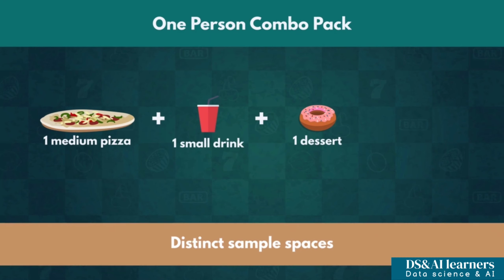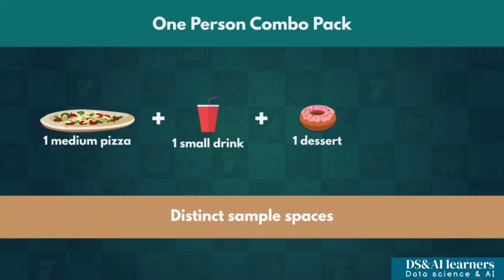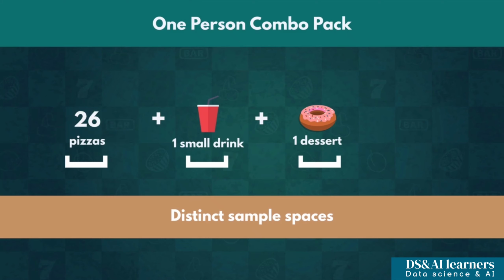Since all of these have distinct sample spaces, we consider every part of the menu as a separate position. Domino's offers 26 pizzas, so there are 26 different ways we can choose our single pizza. Similarly, we have 4 ways of picking our preferred beverage and 7 ways to pick our dessert.